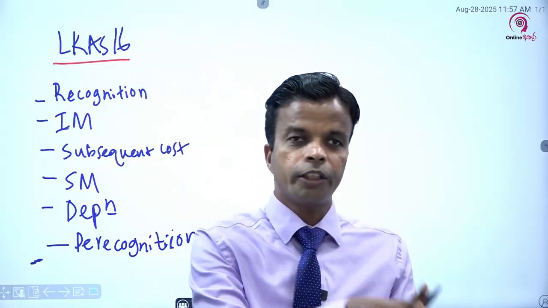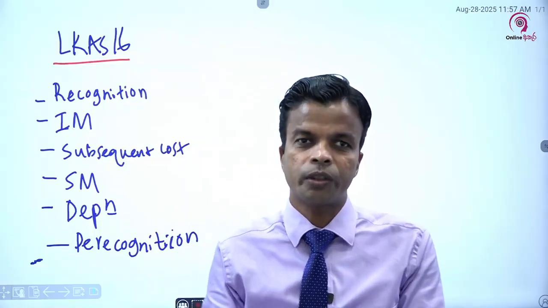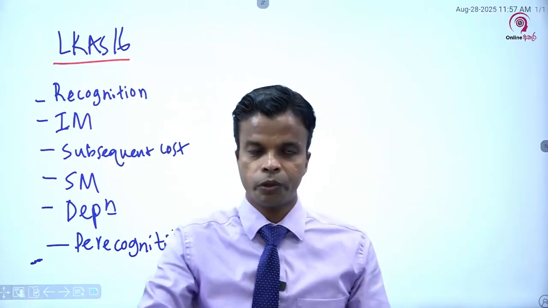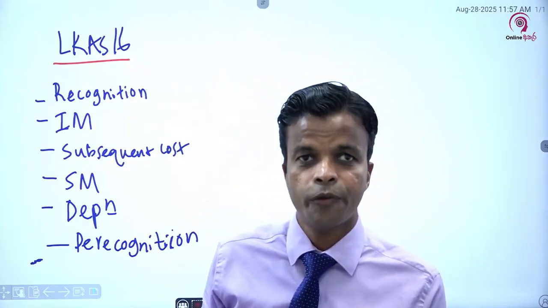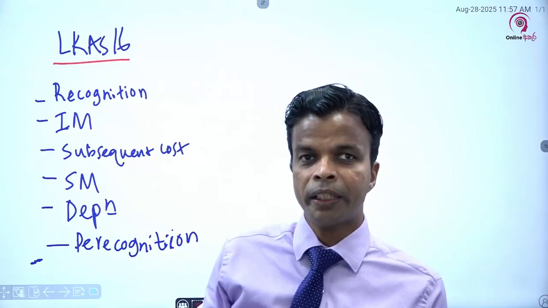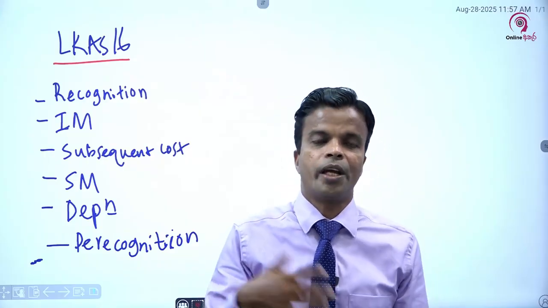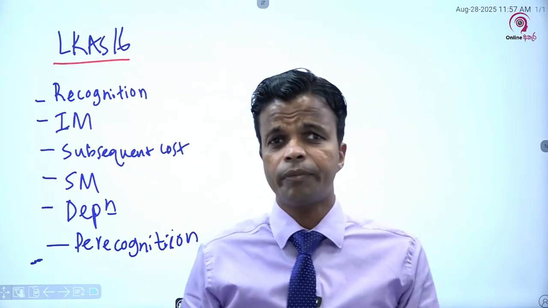So it should facilitate production of goods or services, or your administration purpose, or any other business related activities, your core business, and you're expecting to use those assets more than 1 year. So that is the kind of definition of PPE.